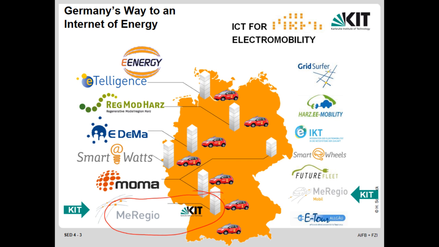We had Smart Watts at Aachen. We had E-DeMa around Cologne. We had the regenerative model region Harz. So MoMa was model region Mannheim. We had E-Energy around Oldenburg, northern Germany. And that was more or less the project, the model regions. And then we have had the electric mobility projects associated to that.